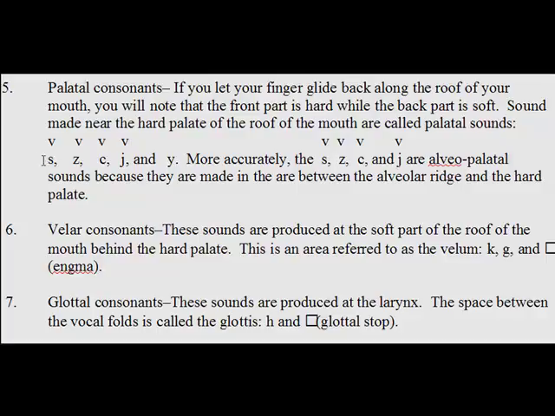For example, sh, zh, ch, j, and y. More accurately, the sh, zh, ch, and j are alveolar palatal sounds because they are made in the area between the alveolar ridge and the hard palate.